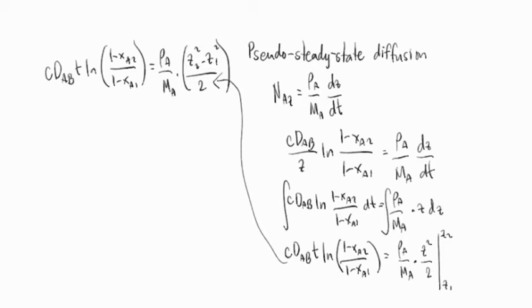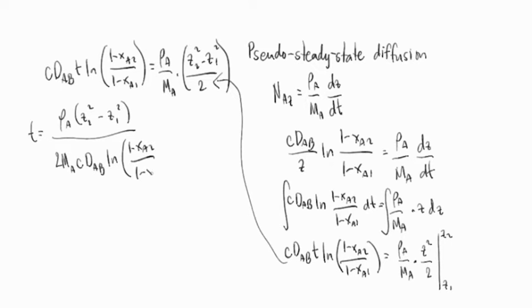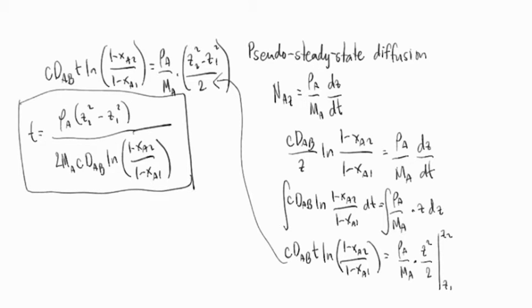Solving for time, we now have on our numerator, rho_A times (z2 squared minus z1 squared). On our denominator, we have 2 M_A C D_AB and ln of (1 minus x_A2) over (1 minus x_A1). This is now our expression for the time elapsed under pseudo-steady-state conditions. Okay, we will be making use of this derived equation in our example.